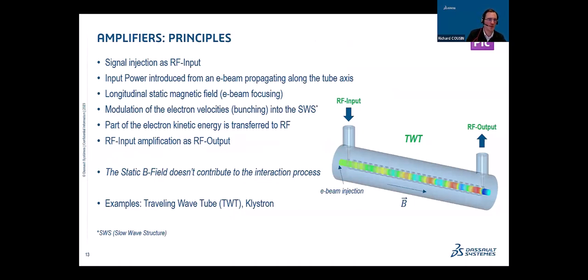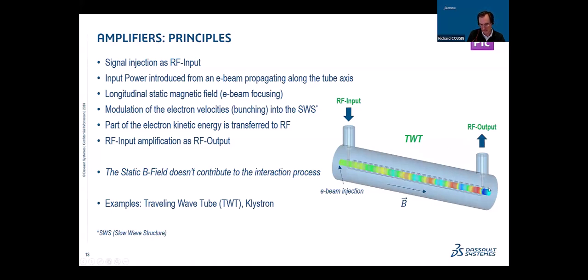How does that work? You have an input RF signal, which is then introduced into this coaxial structure. And then you have a slow wave structure, which is made of these helical structures, which maintain the RF signals propagating along the tube, that you can then extract to the RF output.